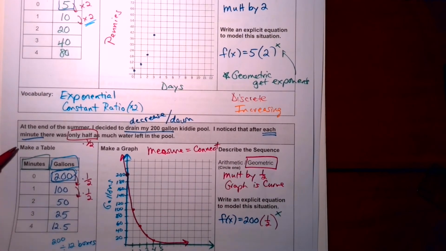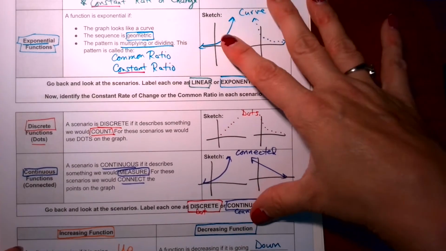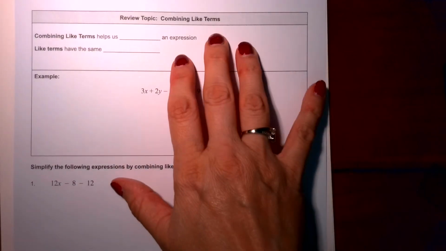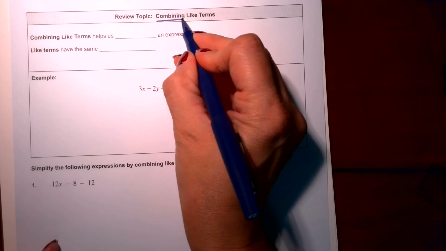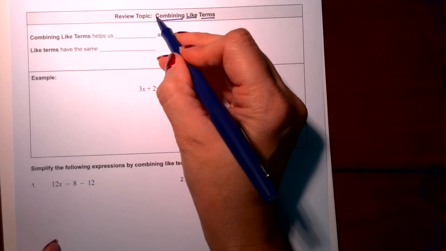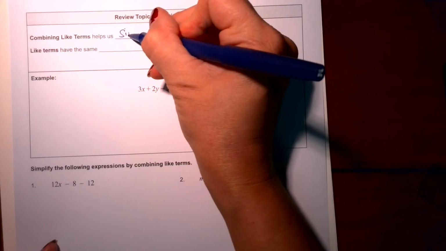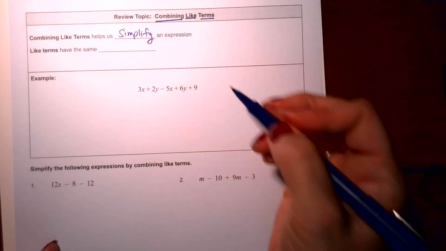Okay, so there's lots of vocabulary here to start off with this second chapter. Hopefully you have a good page of notes here to reference. The last thing I need to talk to you about is combining like terms. Combining like terms helps us simplify an expression.